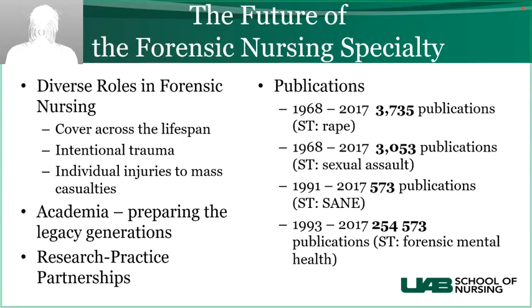So what does the future look like? There are diverse forensic nursing roles that cover a variety of patients seen in clinical practices, where every nurse has an element of forensic nursing in their practice. And while forensic nurses began strong in psych mental health and corrections, you need only look at the numbers there. Sexual assault nurses had a good start.